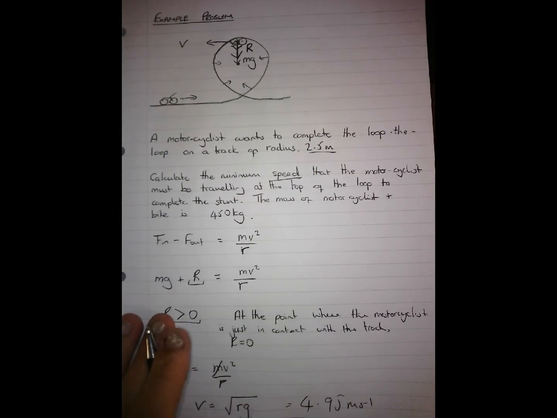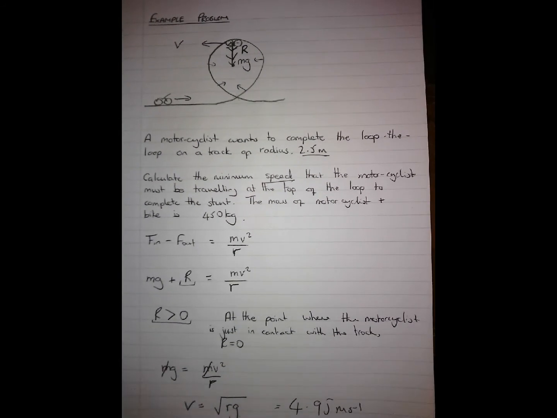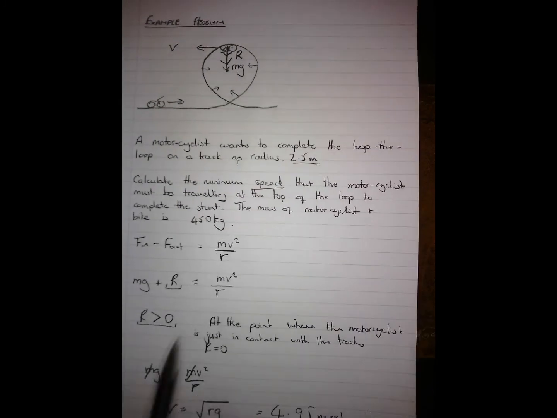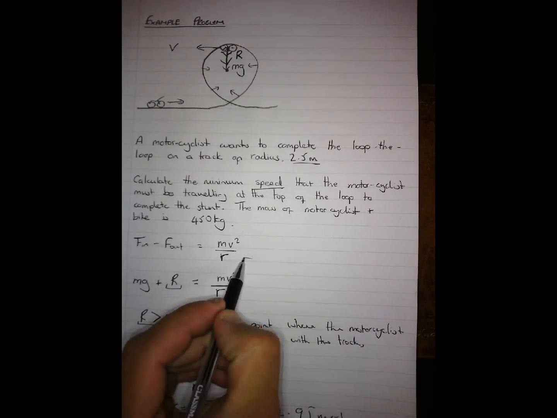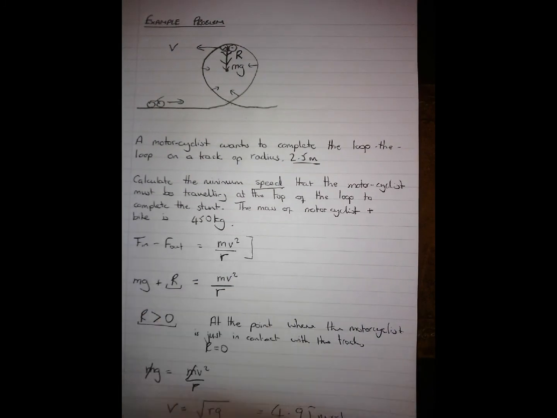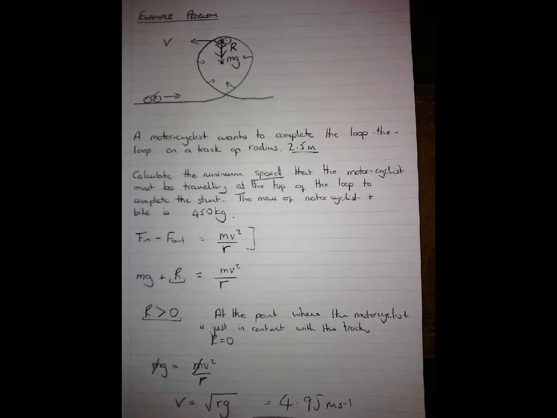So just to recap there, we've said we're applying the condition for circular motion which needs to be met for the motorcyclist to stay on the track. We've done our familiar thing by saying what forces are acting in, what forces are acting out. When I mark these questions in exams, the majority of errors are by getting the signs wrong, so say having mg minus R here, for example.